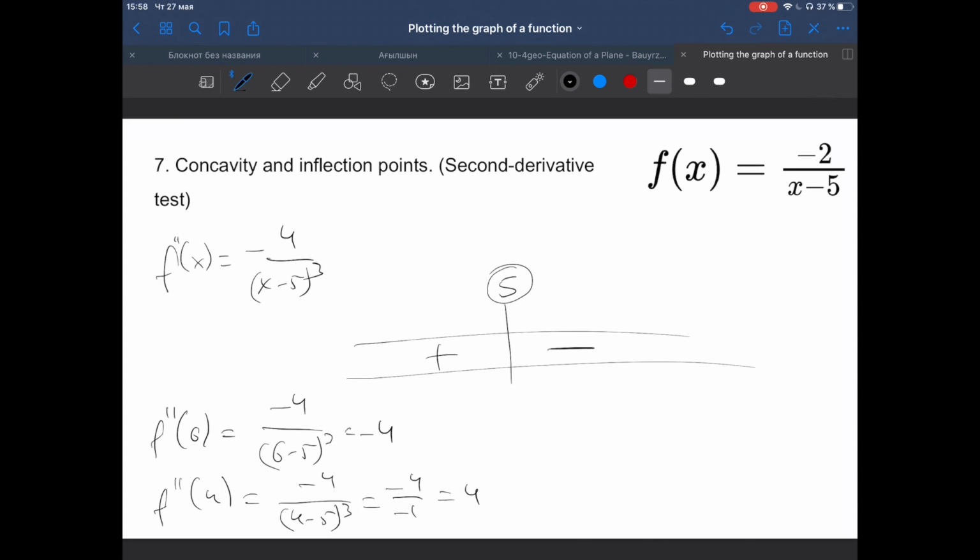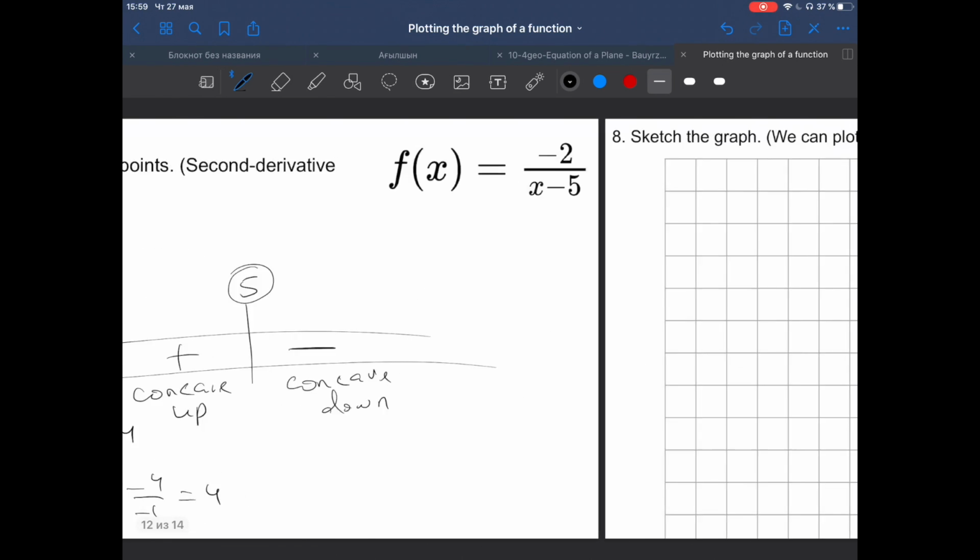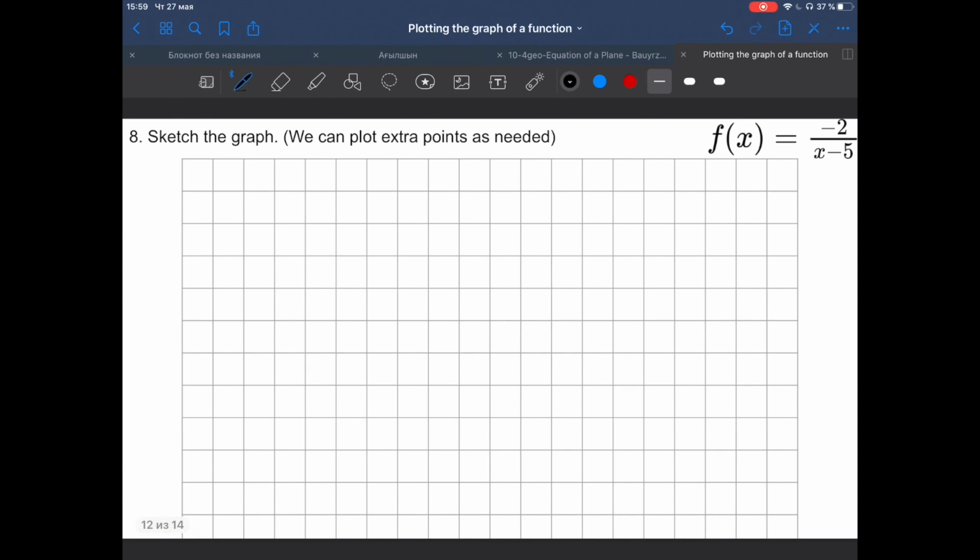Okay? And where we have the sign plus, we know in this interval, our graph is concave up. And where we have sign minus, our graph is concave down. Okay? After that, we need to sketch our graph.